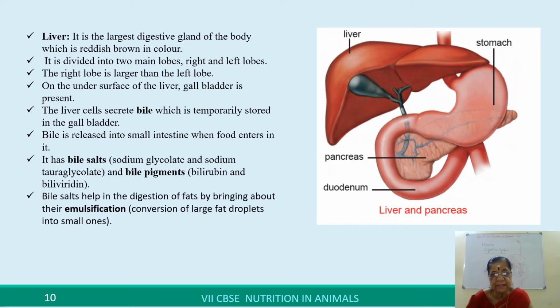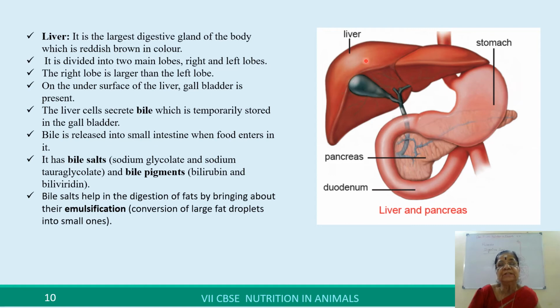Now when this chyme reaches the duodenum, the next part of the digestive system, the small intestine, it receives the secretion of pancreatic enzymes and also of the liver. Now liver is another digestive gland, and it is the largest digestive gland in our body. It is reddish brown in color, and it is divided into two main lobes, right lobe and left lobe.